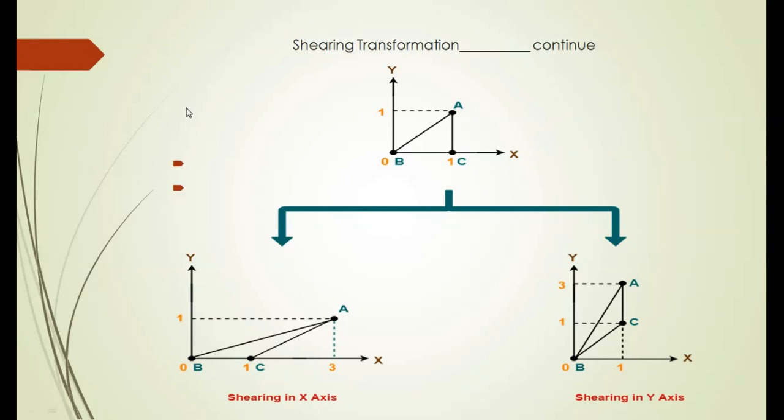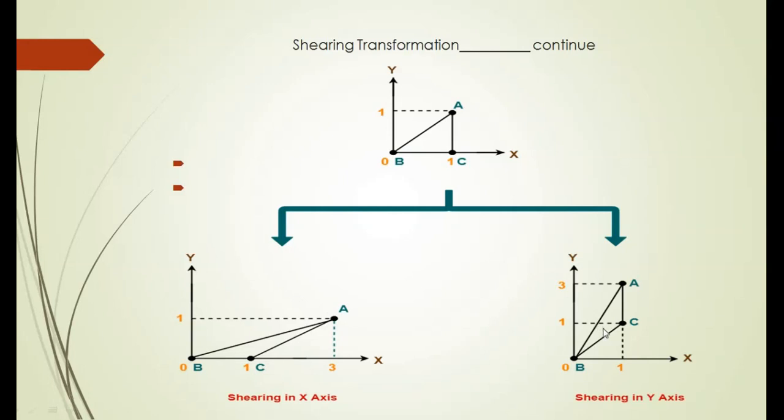Here is the answer figure. This one is our original triangle in the xy plane, this one is after shearing in the x-axis, and this one is after shearing in the y-axis. In the x-axis sheared triangle you can see that the shape is slanted only in the x direction, so y remains constant.